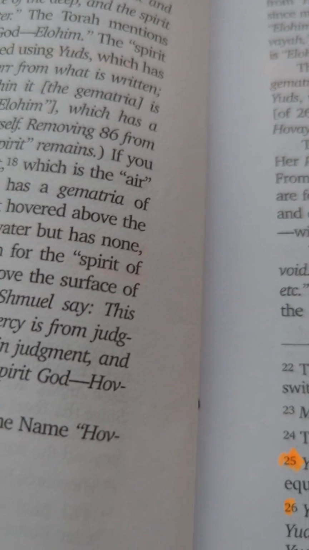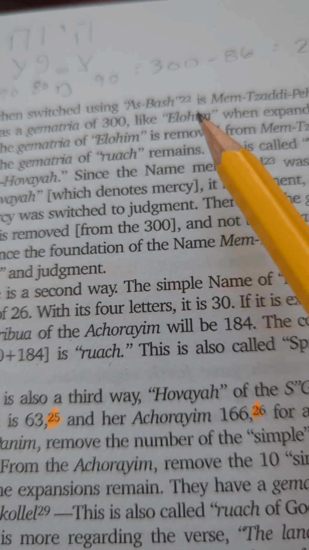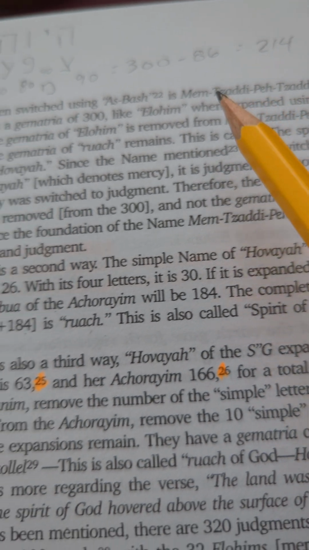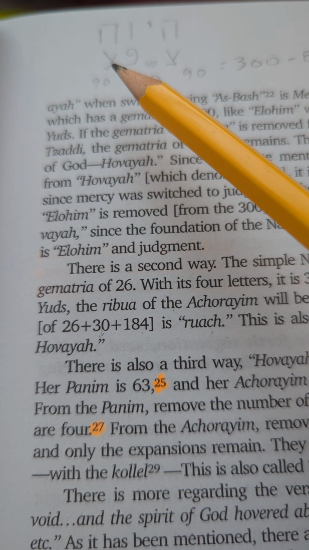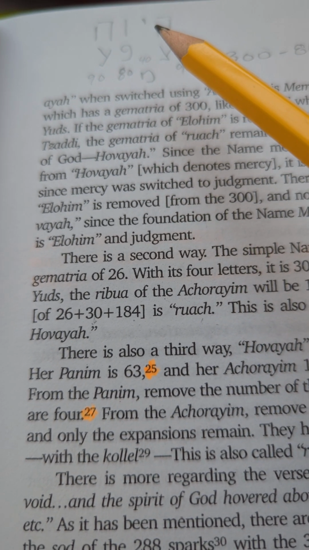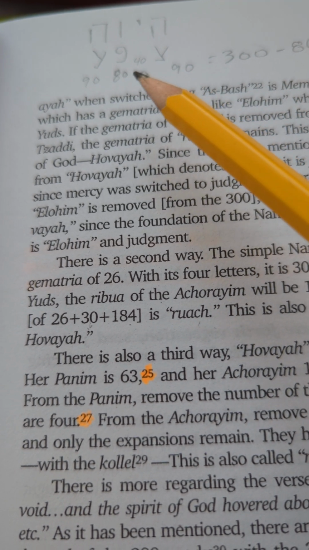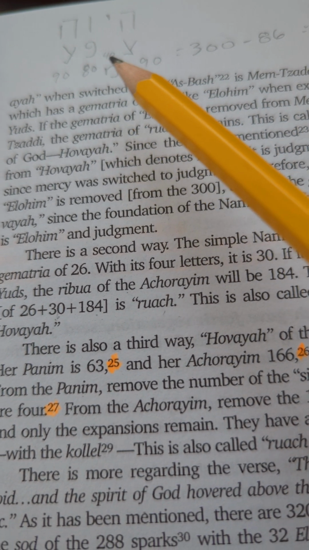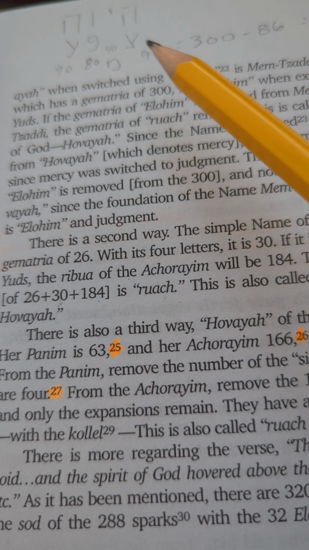The name Havaya, when switched using Atbash, is Mem Zadi Pei Zadi. So Hey becomes Zadi, Vav is Pei, Yud is Mem, and Hey is Zadi. When you take the numerical value of these four letters of the Atbash, it equals 300 of Havaya.